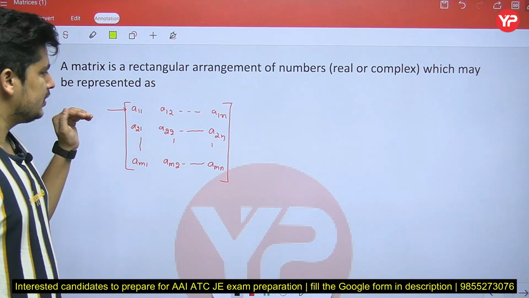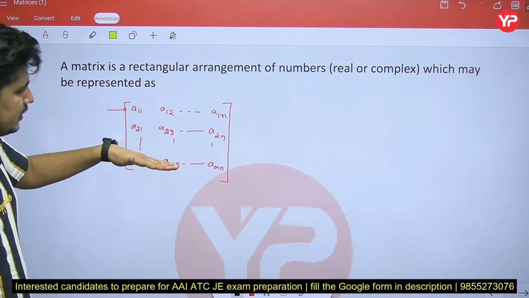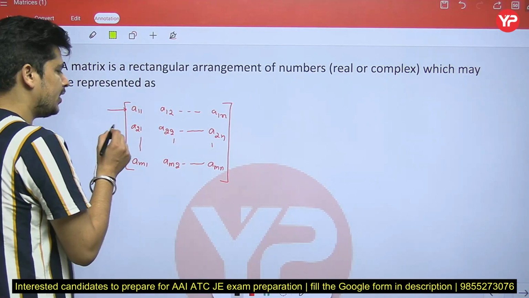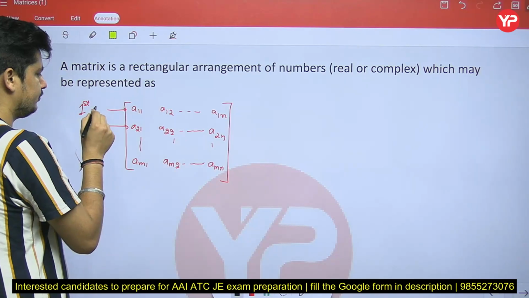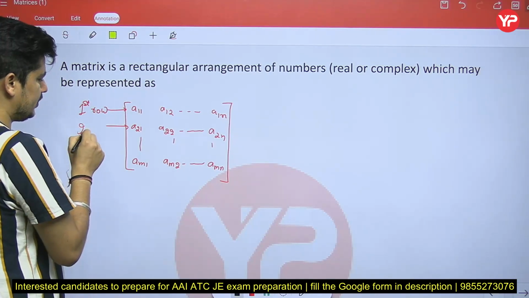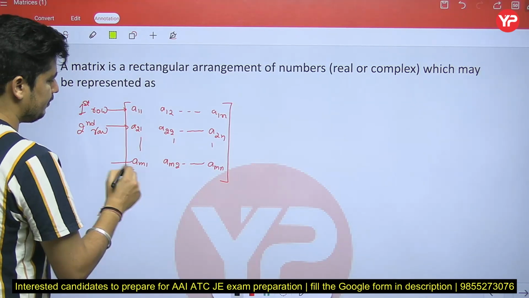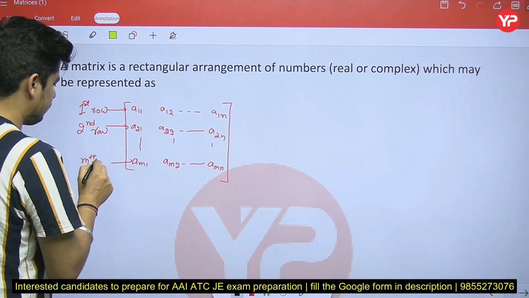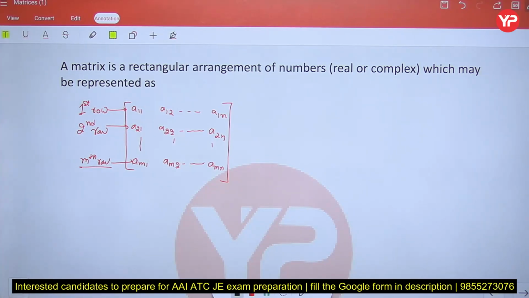Inside this one, these are the rows. This represents the first row, this represents the second row, and this represents the mth row. So there are m rows, right?